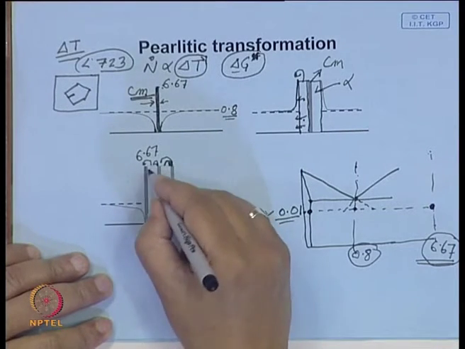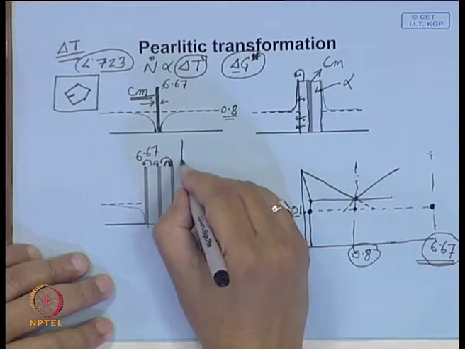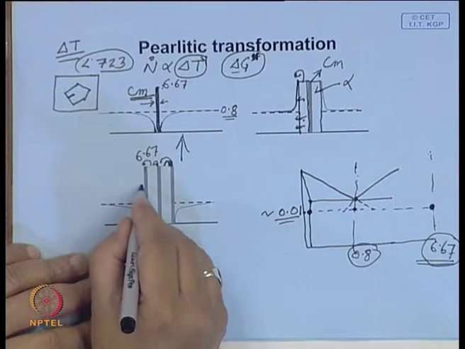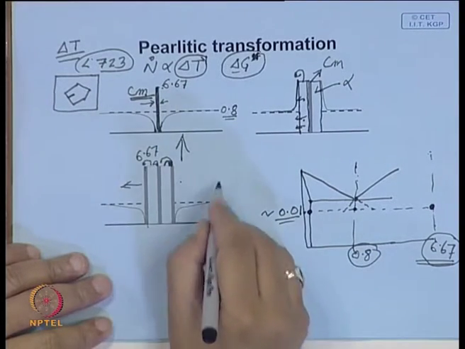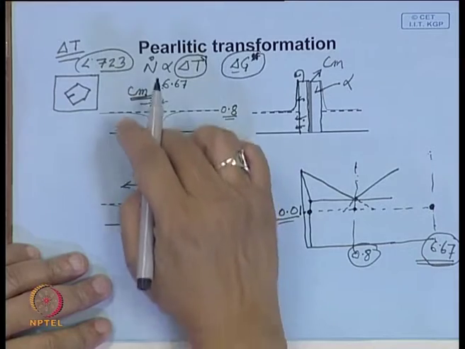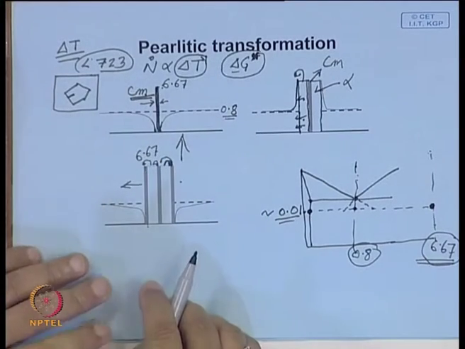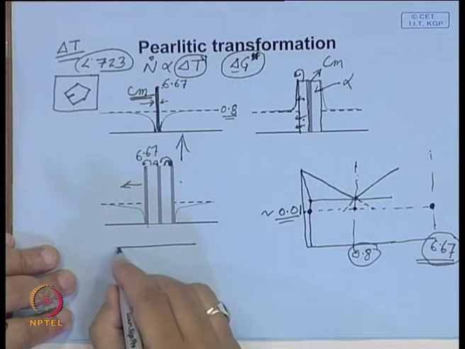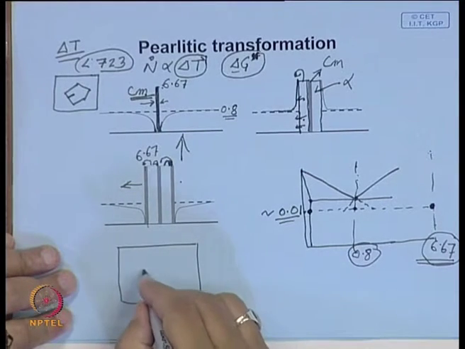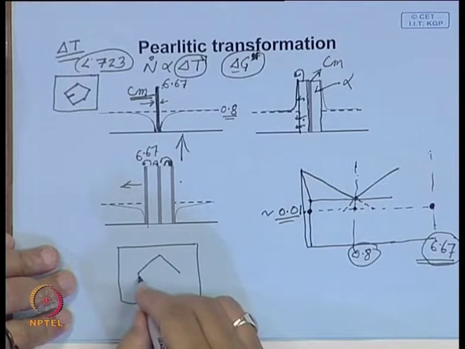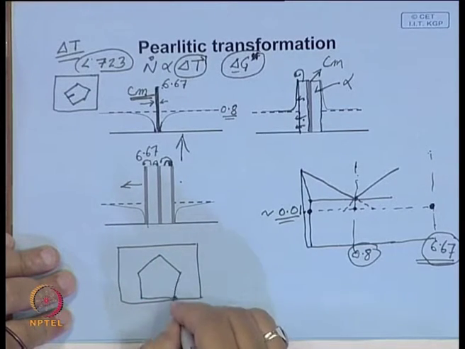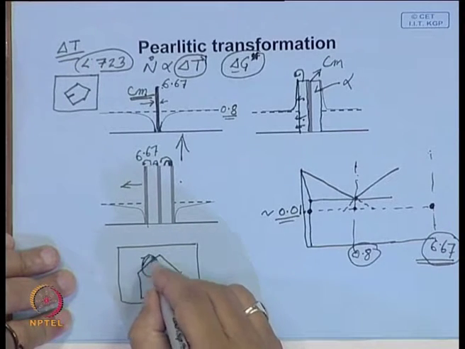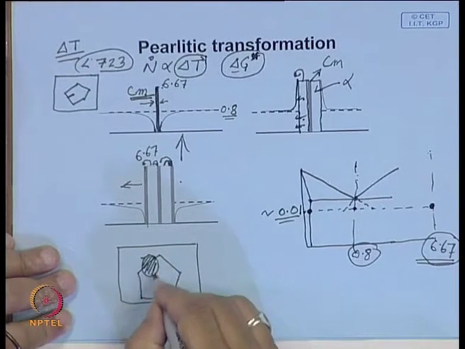and with this process these can grow in this direction, and through nucleation and subsequent growth, it can grow in this direction. So, it will grow in this direction as well as this direction equally, and ultimately in the microstructure, what you find, say if you have a grain of austenite, you have these pearlitic regions growing in all directions.